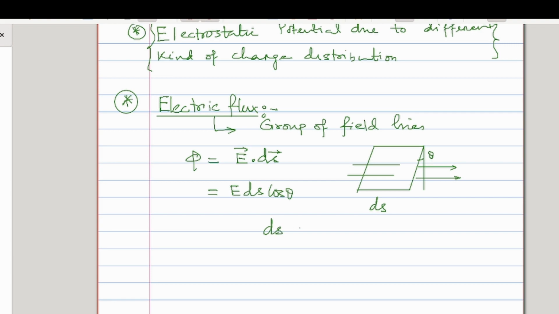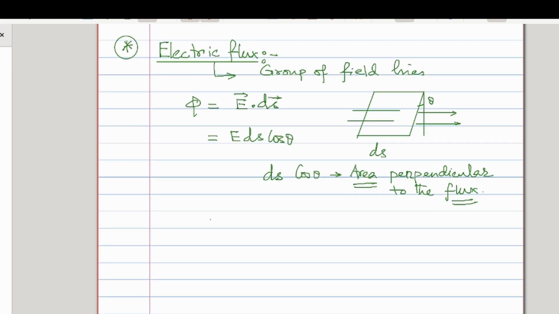So ds cos theta is what? Is the area perpendicular to the flux. So from this thing we can write that E is basically phi by S perpendicular. S perpendicular has been defined in this way.